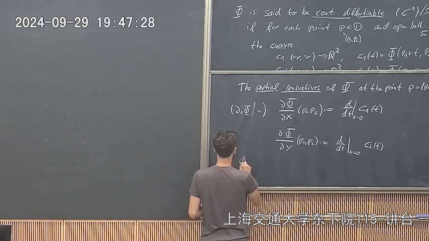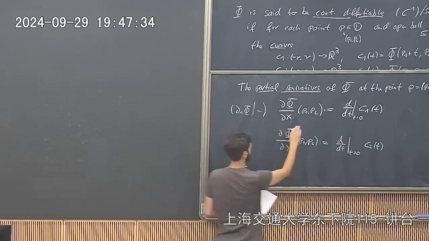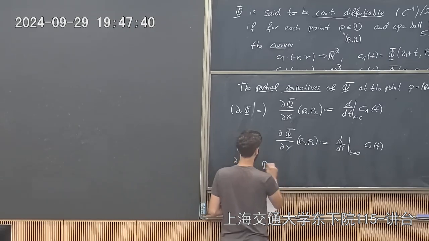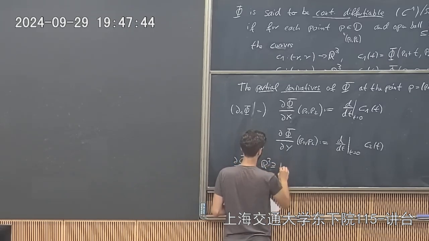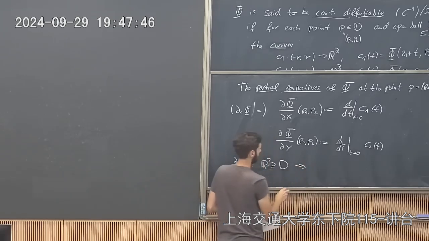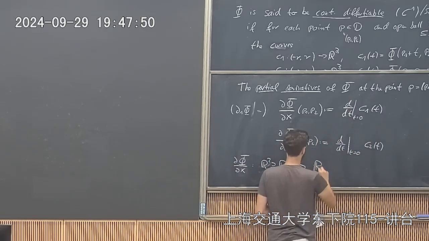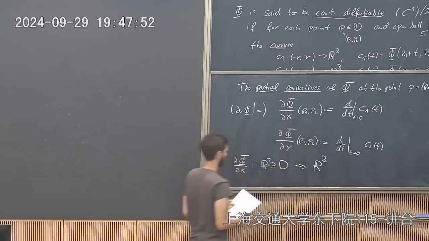So d phi dx is then again a map which takes points in D, some two-dimensional point, and gives us a vector. So it's again something in 3 dimensions.